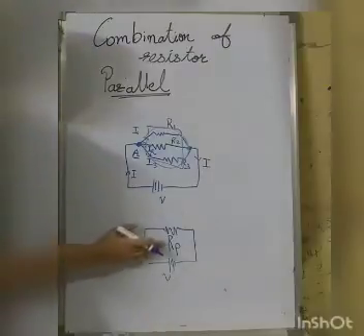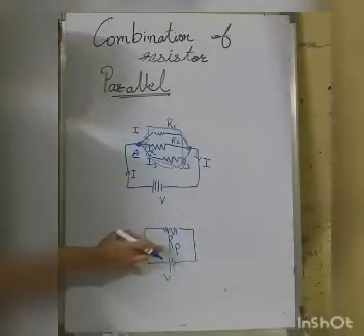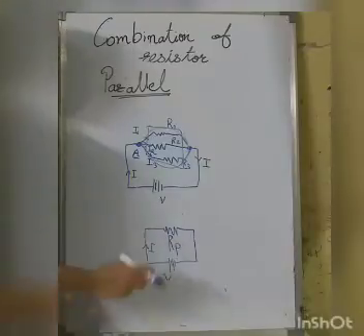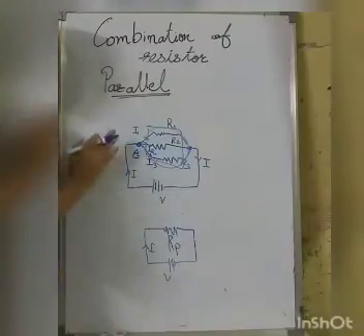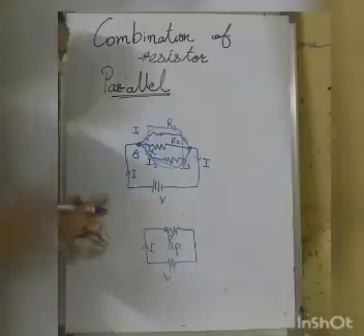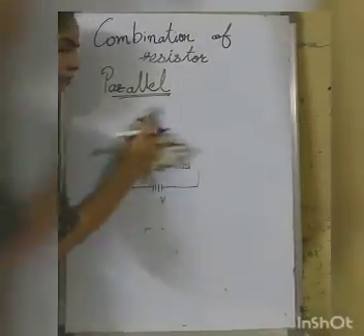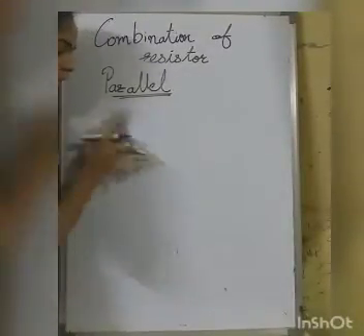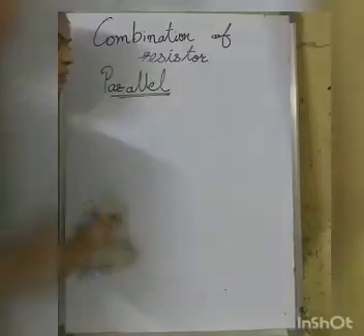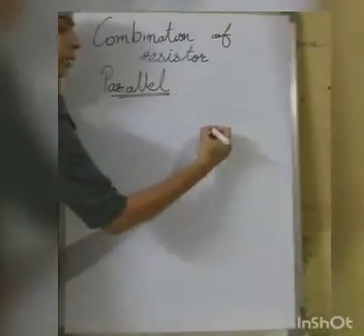So now we will find out how to get the value for Rp, that is, the equivalent value of the resistance. So let's find out the equivalent value for the circuit. Let's do it once again.